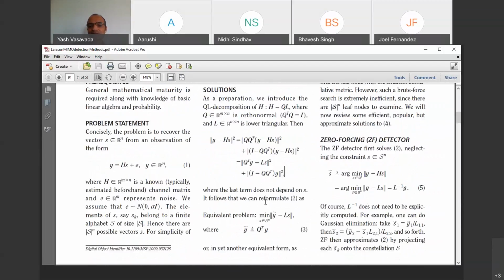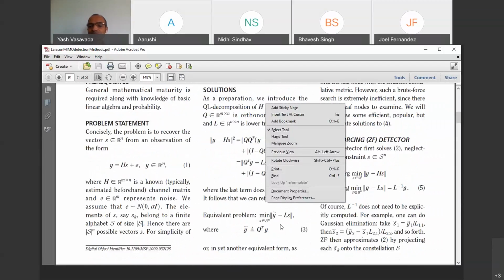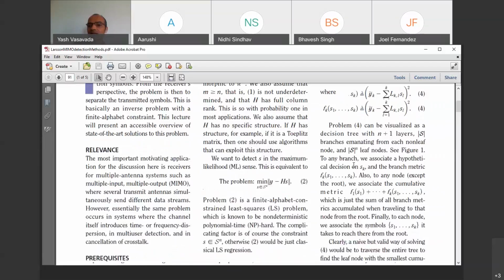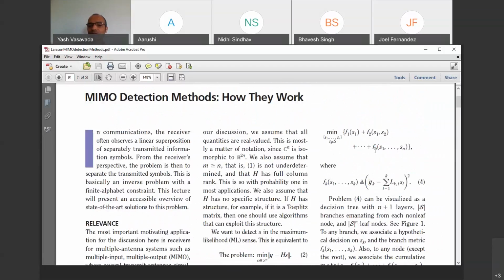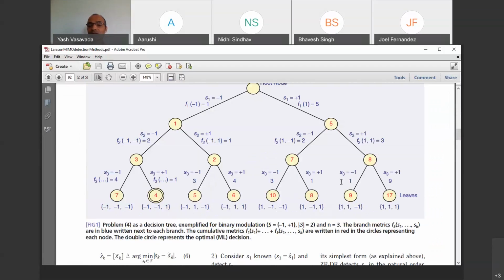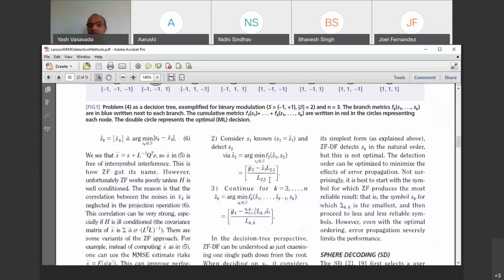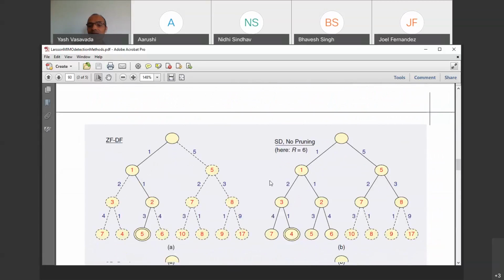That itself is a novelty. And then, once I convert it into the lower triangular form, I can develop this type of decision tree. And then I examine this decision tree in a smart manner by setting up a radius so that I can delete a lot of the decision tree. I don't have to examine all the leaf nodes.